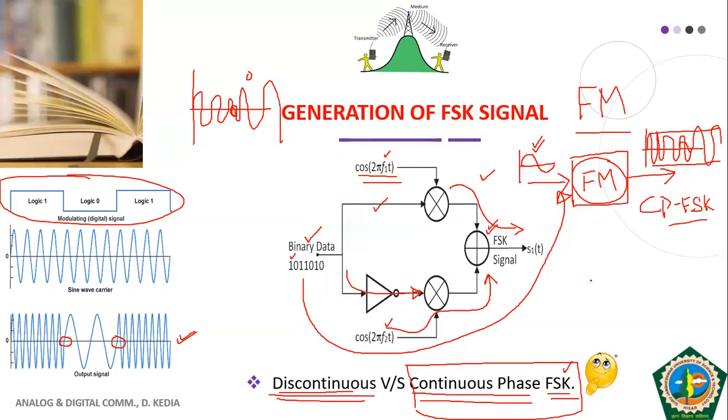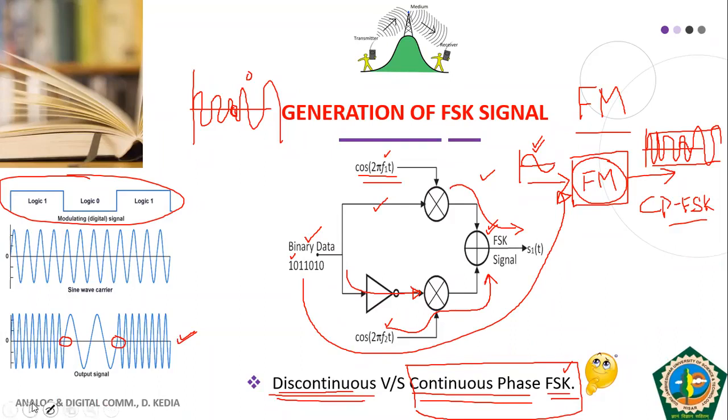Okay, so this is how we generate continuous phase FSK, where there is no phase discontinuity, and we are able to achieve a good quality FSK signal which is continuous in phase. Fine. So I hope all of you have understood this generation of FSK signal.